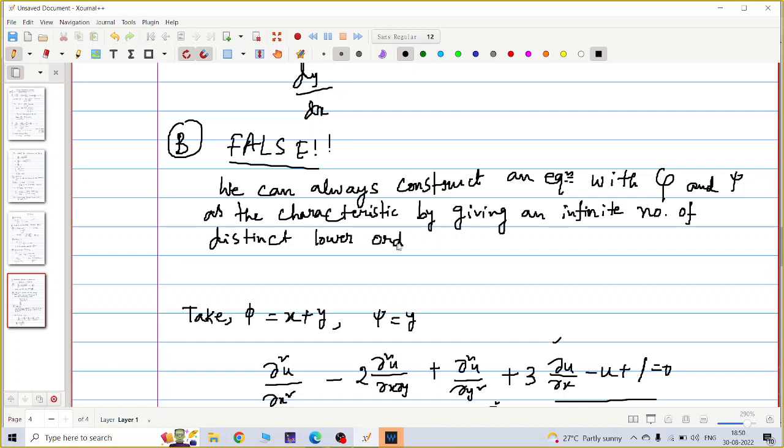Lower order means del u del x, del u del y, or u you can say, or a constant. Okay.